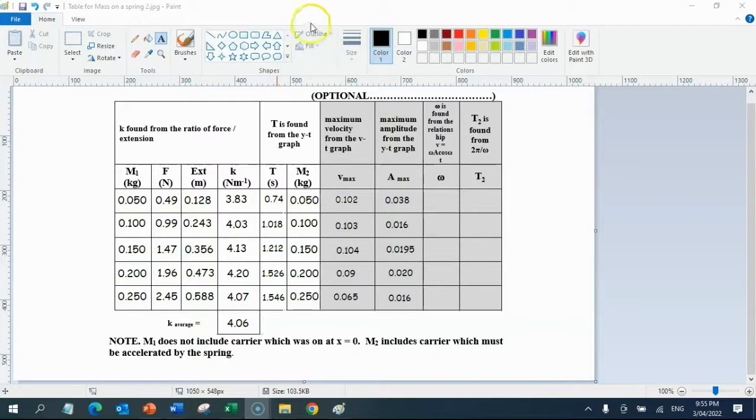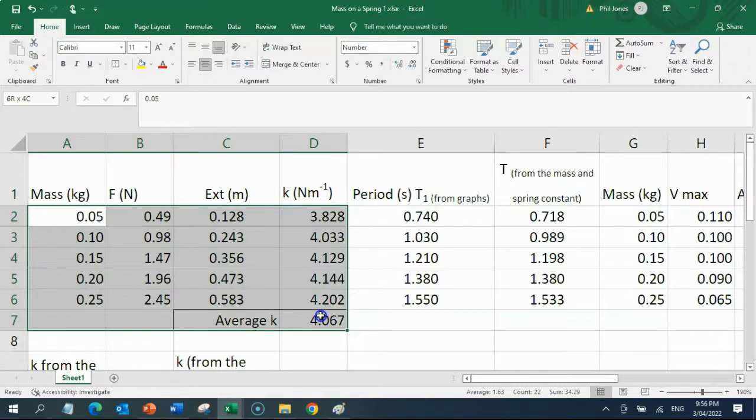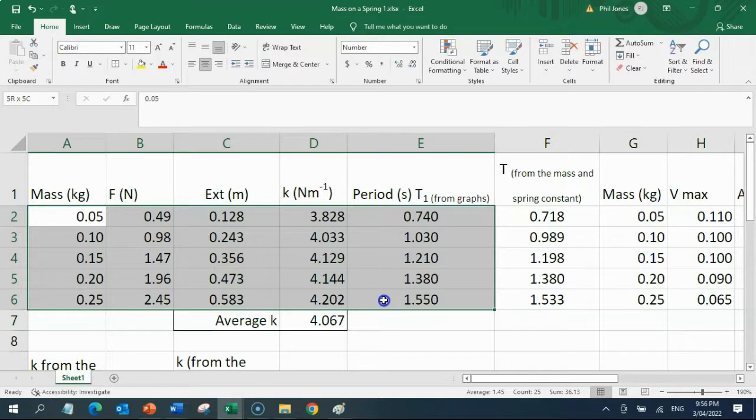So here we go. So here's the data here, and we've got the average value for K worked out there, and here's the data for the period. Now we want to have a look at the second aim of this exercise, and that was to compare the direct measurement of the period to that calculated from the mass and the spring constant.